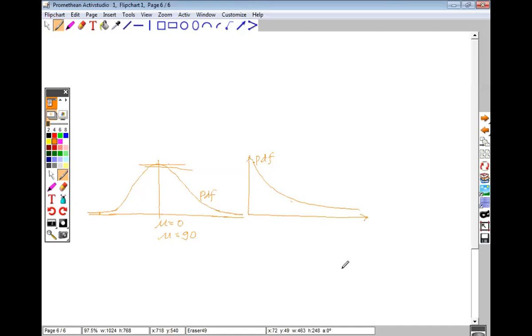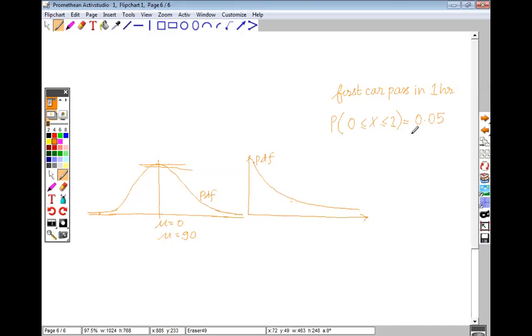I'm saying the probability that a car will pass in a minute from the toll gate, the probability that I'll have x between 0 and 1, is 0.05. So this is the probability that my first car passes in 1 hour. And this is my answer to it.